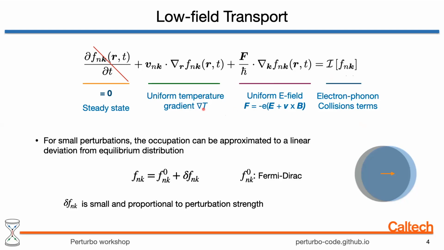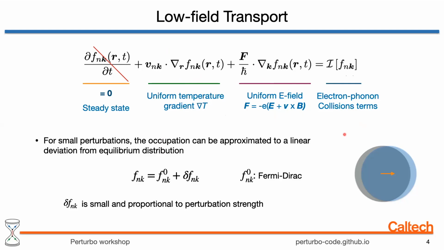And in our case, we make further simplifications in that we, in the spatially dependent term, only consider temperature gradients for the thermal conductivities. And then for the external fields, we consider electric fields as well as magnetic fields for the magnetic transport properties. And then in this lecture and generally in this workshop, we will only consider the electron-phonon collision integral on the right here.